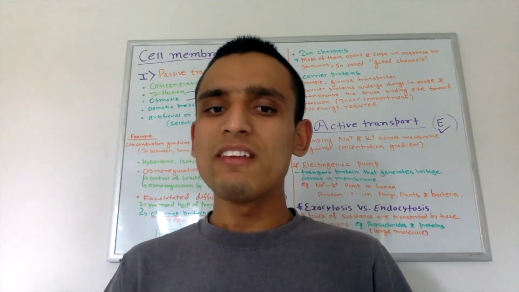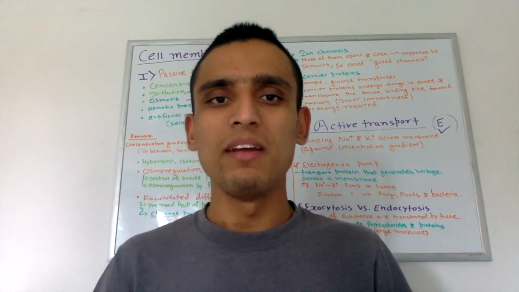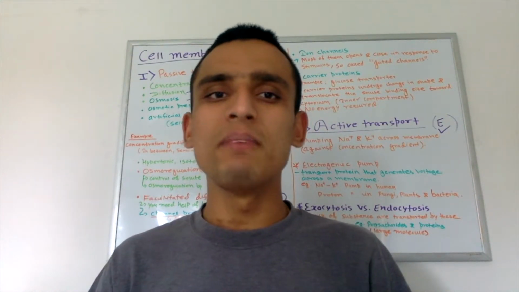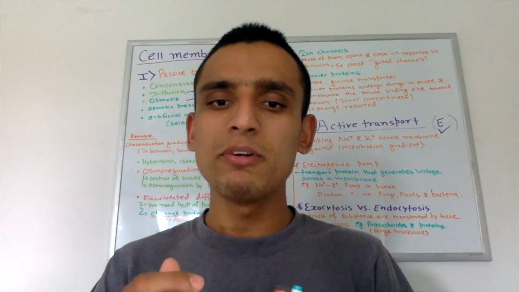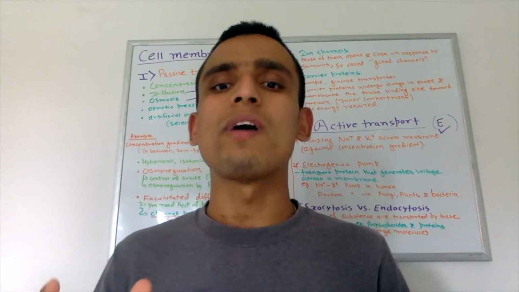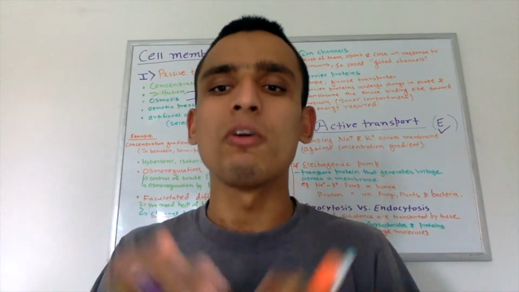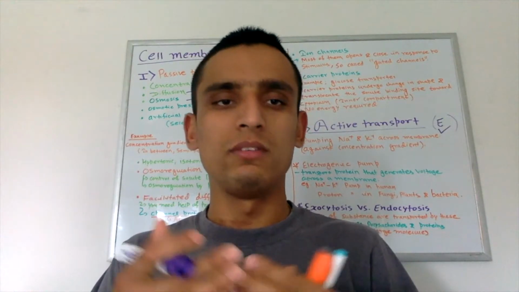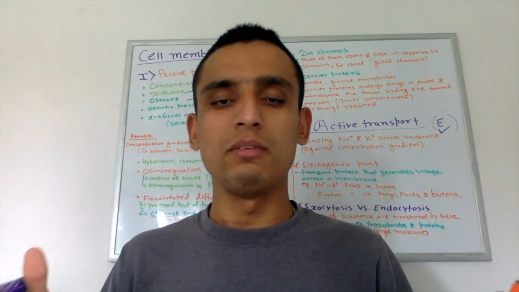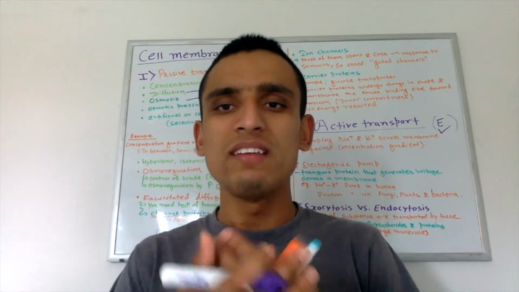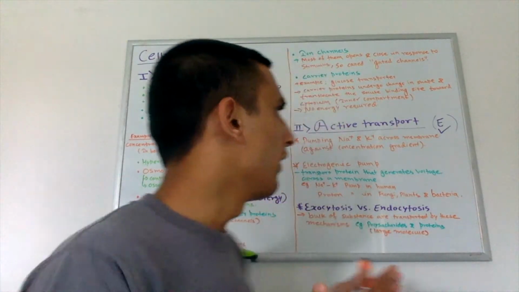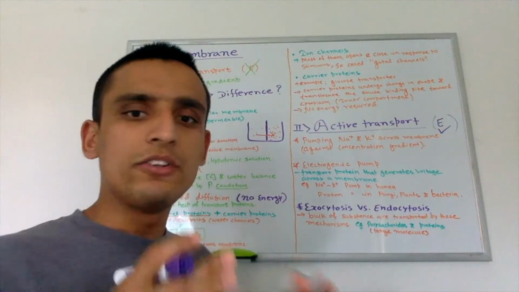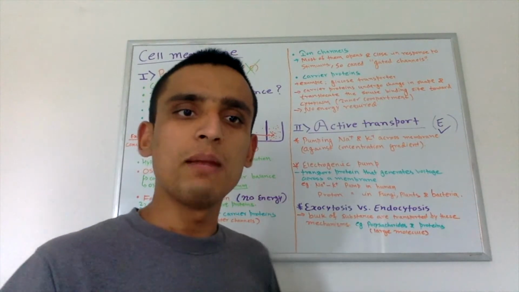Pinocytosis means cell drinking. And receptor mediated means you have certain types of receptors that allow transport of macromolecules in a huge amount. So these are the ways different molecules enter and exit the cell membrane.